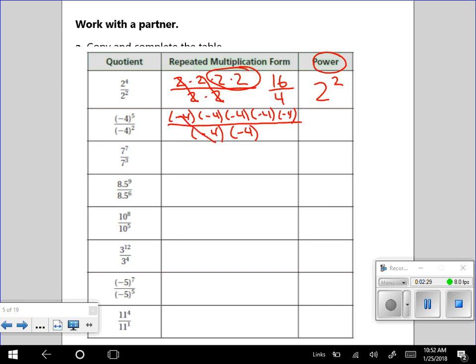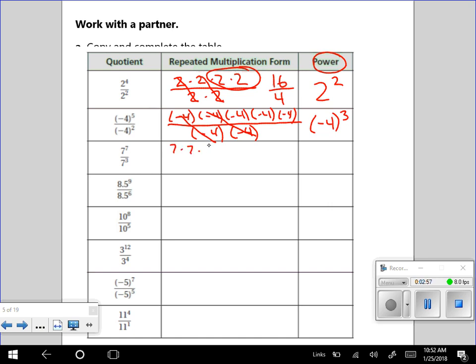That cancels. If you're not understanding why it cancels, think about what negative 4 divided by negative 4 is. It's 1. Well, 1 times anything is that anything, so that doesn't really mean a lot to us, so we can just consider them canceled. The same thing happens with those. So all we have left is negative 4 to the 3rd power. 3 negative 4s.